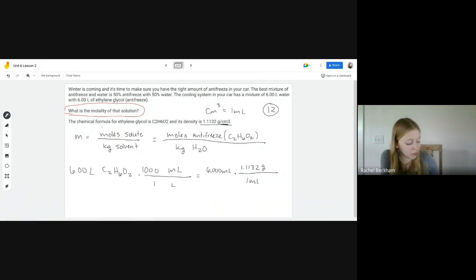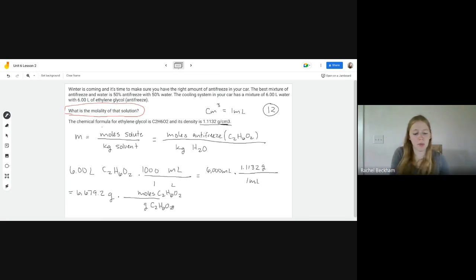So 6,000 times 1.1132 is 6,679.2 grams. We need that to be in units of moles. And so now we're going to go to moles, we want that on top and grams on bottom.